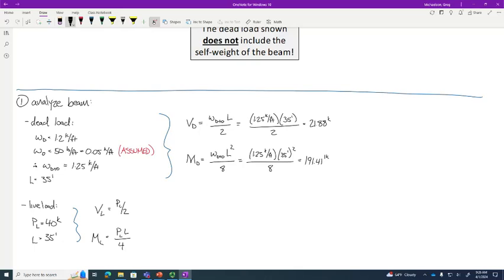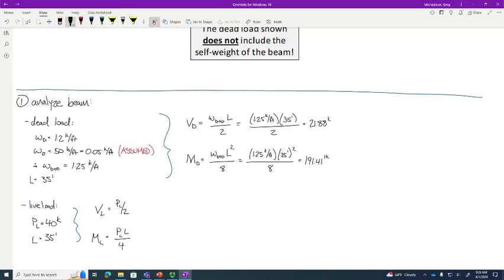If you have a simply supported beam and you put P right there, that means this reaction is P over 2, this reaction is P over 2. So what does the shear diagram look like? You go up P over 2, over, down, over, up. So that's P over 2, that's minus P over 2.